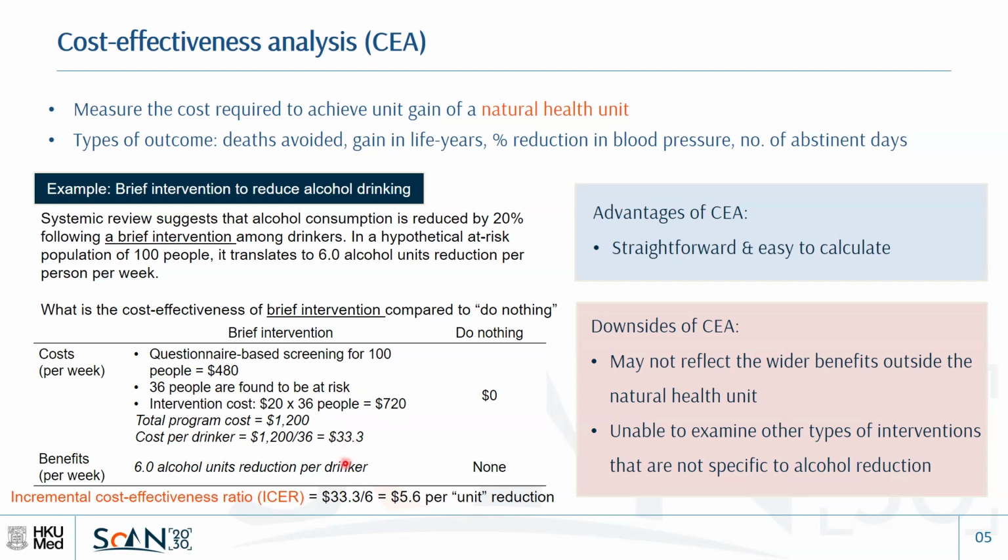Compared to doing nothing, we already know that the additional benefit of this brief intervention program would be 6.0 alcohol units reduction per drinker. Combining the cost and the benefits as one indicator, the incremental cost-effectiveness ratio, would give us an ICER value of $5.6 per unit reduction in alcohol consumption.